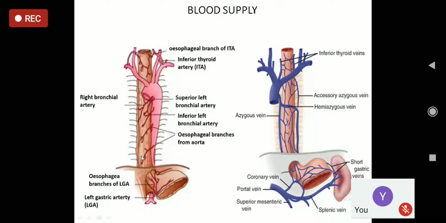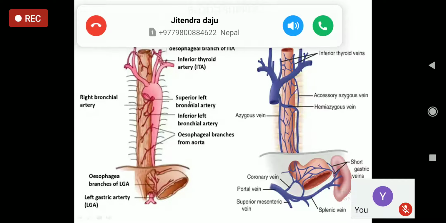Then the thoracic part of the esophagus is supplied mainly by esophageal branches directly from the descending thoracic aorta. So the thoracic part is supplied mostly directly by esophageal branches of the descending thoracic aorta, while it is assisted by esophageal branches of bronchial arteries as well.